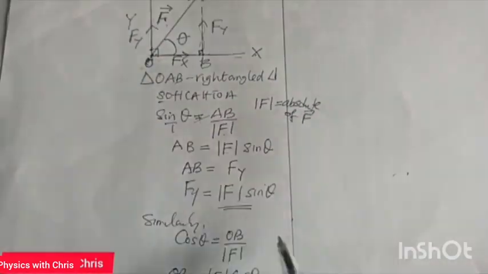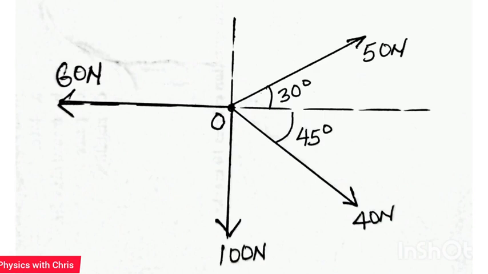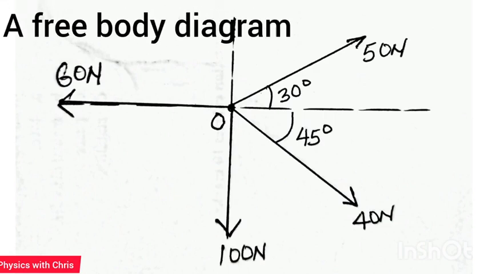Now, to start with, suppose you are given this kind of a question, and the first thing you need to do is to quickly draw a free body diagram of this question. That is, before you attempt solving this question using the resolution of vectors method to find the resultant of this number of forces acting on this body, you need to draw the free body diagram. And what's a free body diagram?